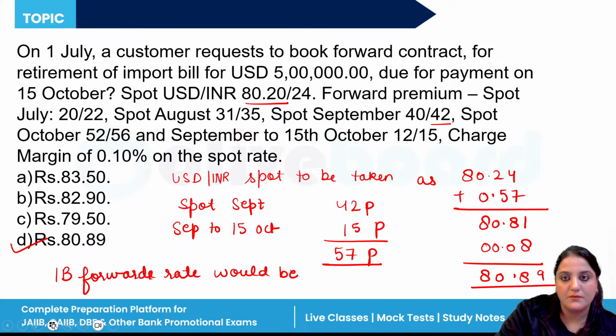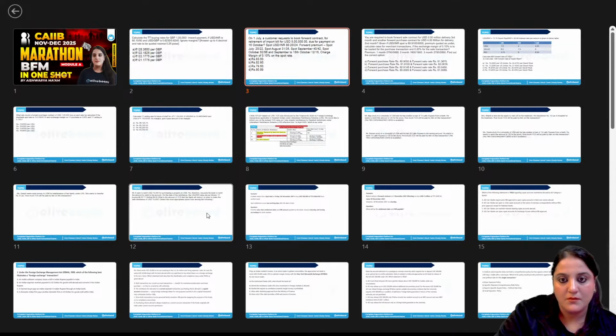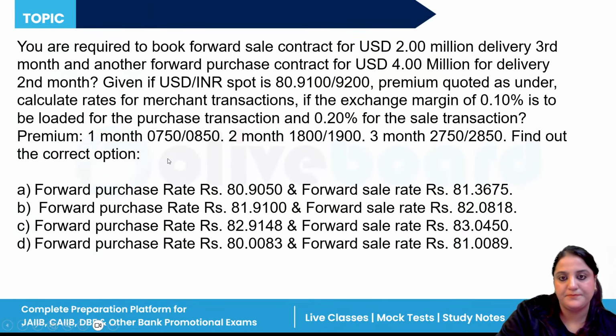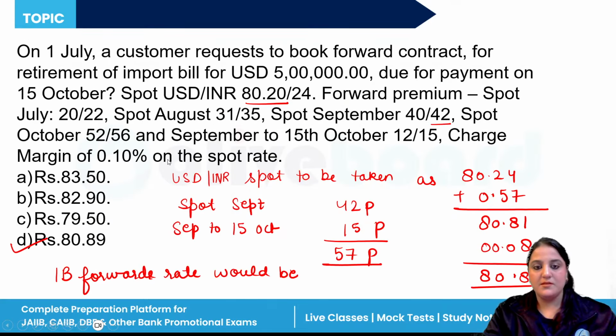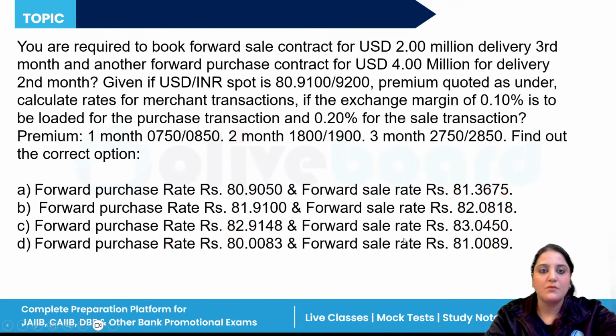Now, this is the second question. Now, third question. You are required to book a forward sale contract for US dollar 2 million delivery third month and another forward purchase contract for US dollar 4 million for delivery second month.